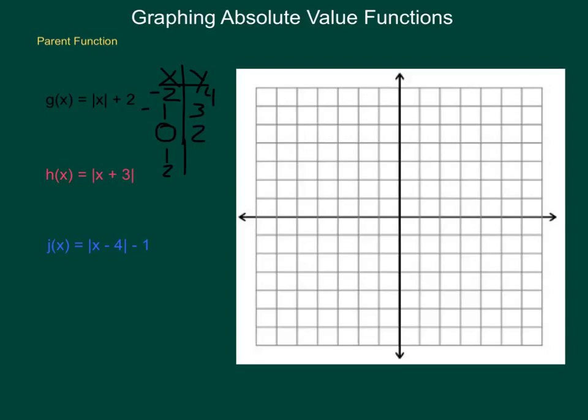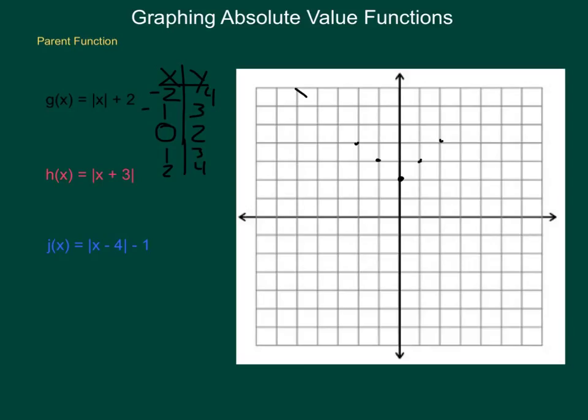Substituting in the 1 and the 2, because the absolute value will take on similar features, I will again have 3 and 4. So my g of x equation will have the points (-2, 4), (-1, 3), (0, 2), (1, 3), and (2, 4).